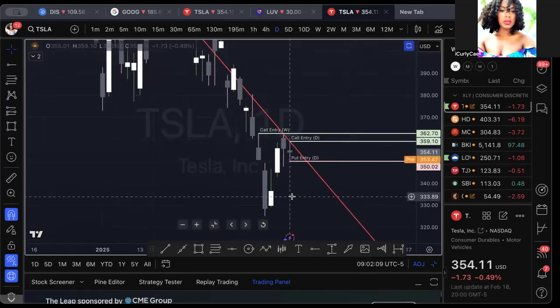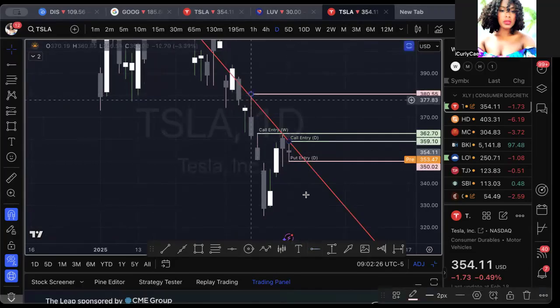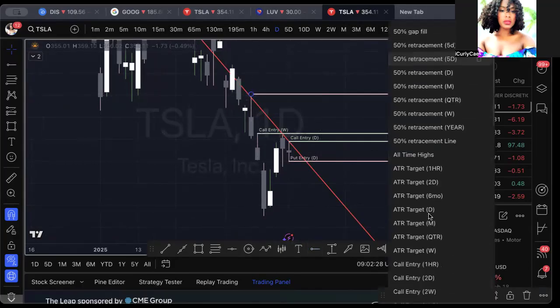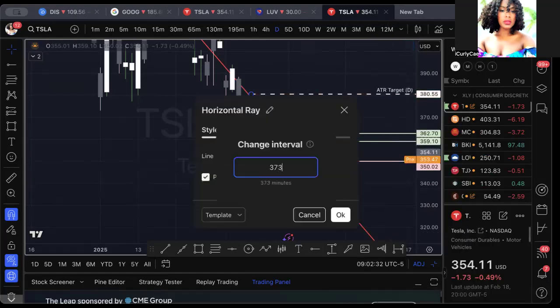All right, great. So now we need to figure out what our ATR targets will be to the upside. So let's go ahead and do that as well. All right, so we're looking at 373.15 off of the day.